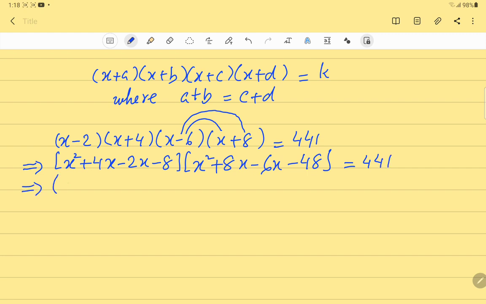Let us simplify this. So it will be x squared, 4x minus 2x is 2x, then x squared, 8x minus 6x is again 2x. Now you can see that the first two terms of both the brackets are the same, and now we will assume these two terms equal to y.